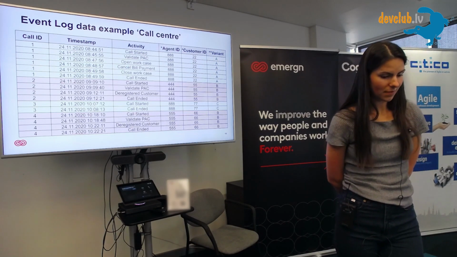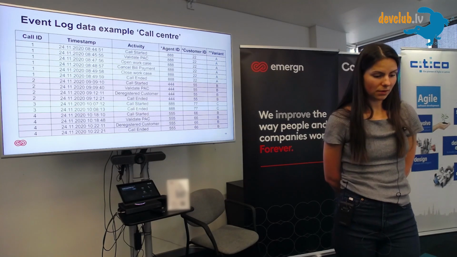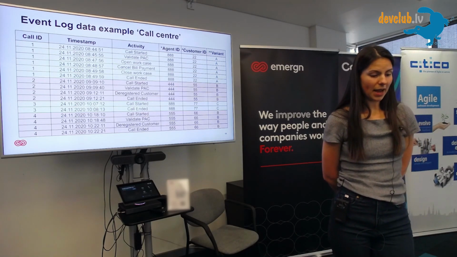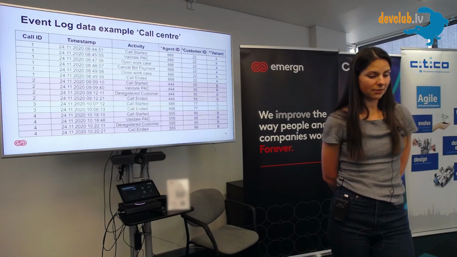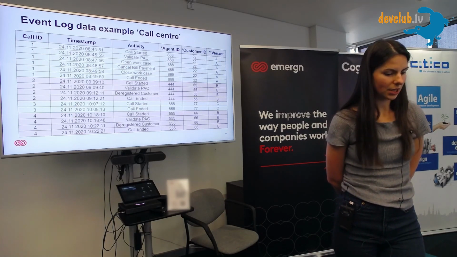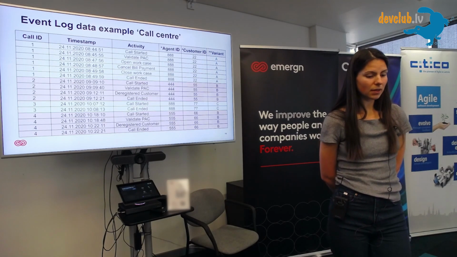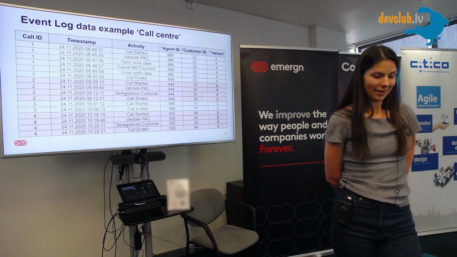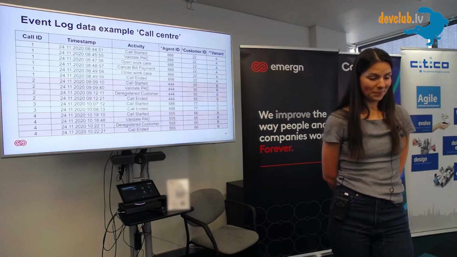Some agent opened the case, then performed the main activity here. He or she canceled the bill payment, and as a result, the customer was, I believe, happy, and the call ended positively.